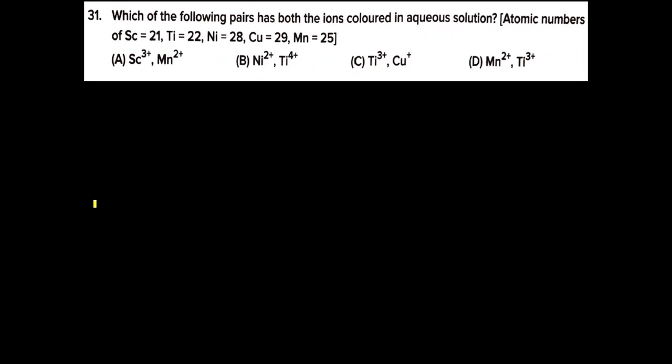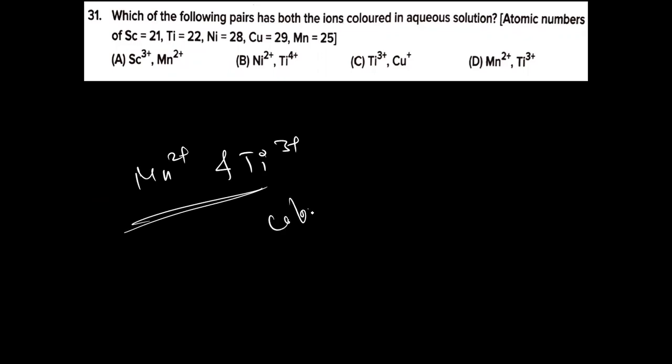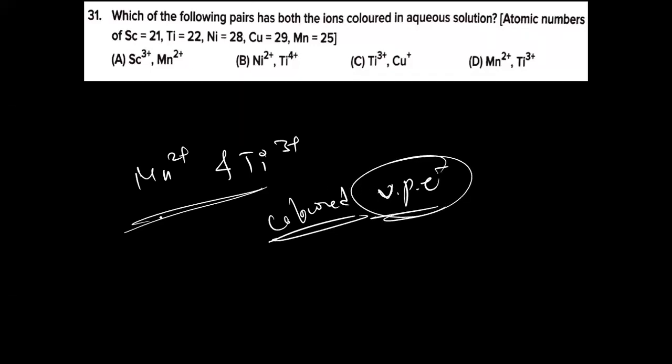Okay, here in question number 31, if we consider Mn2+ and Ti3+, manganese with 2+ and titanium with 3+ oxidation state, we can say this pair is colored because they consist of unpaired electrons. Since unpaired electrons are present, they show colored property in aqueous solution. So our option is D, Mn2+ and Ti3+.